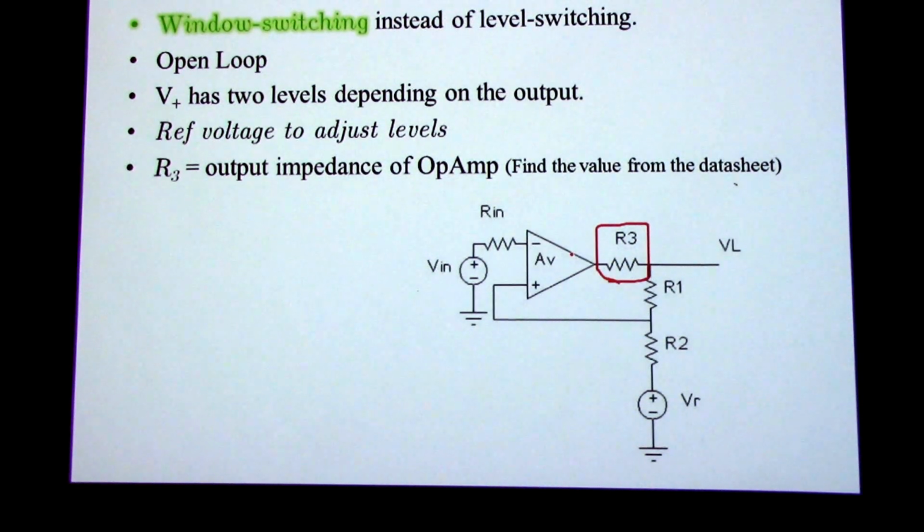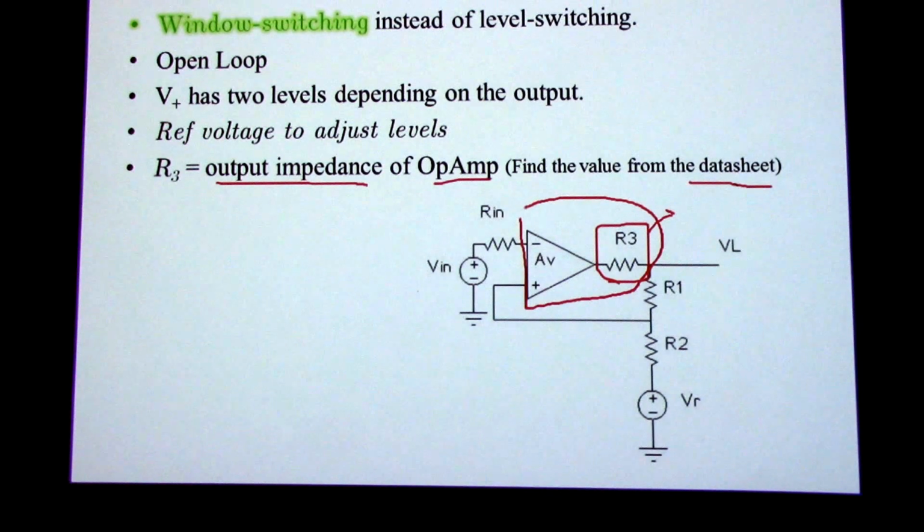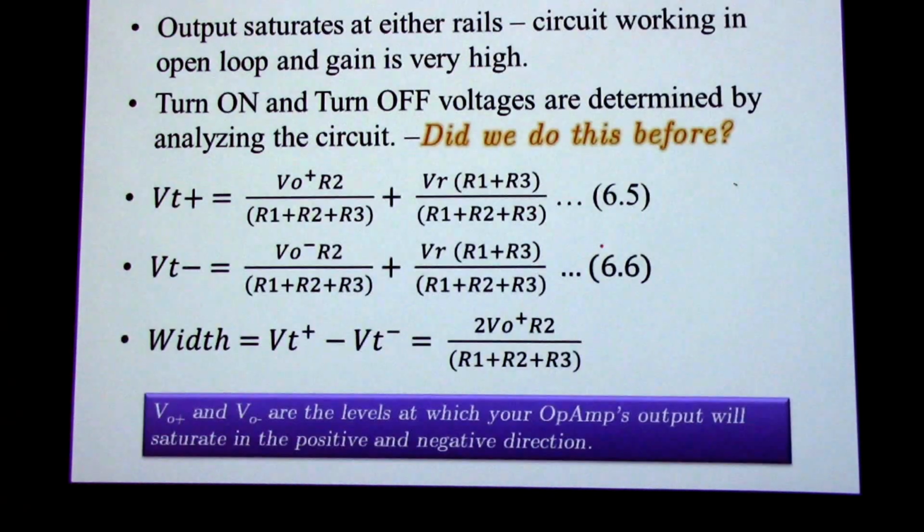It's inside the op amp. We're just drawing it outside so that we can tell this is the output impedance of the op amp, and it can be found from the data sheet. So your op amp box includes all this. R3 is inside the box, not outside.